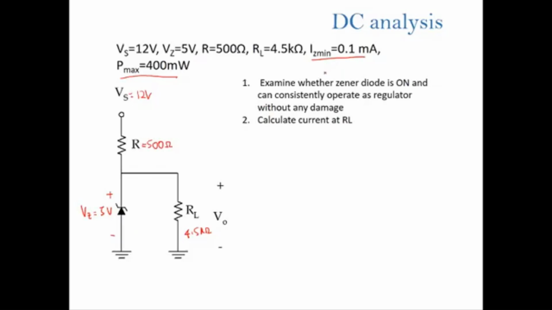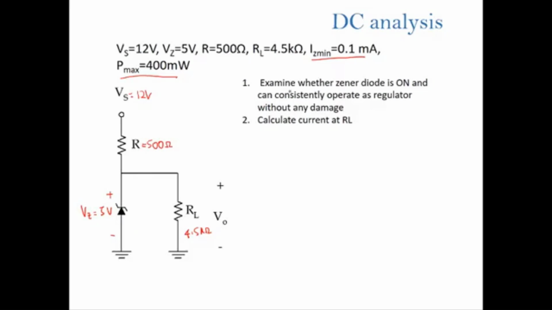So in order for the Zener diode to be on and operate as a regulator, the Zener current needs to be higher than 0.1 mA. Pmax is the maximum power consumption of the Zener diode. Above this value, there is a very high possibility that the Zener will break down.